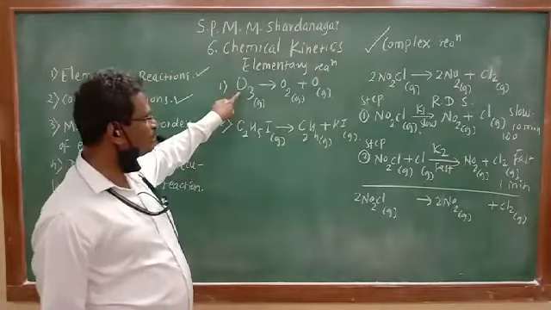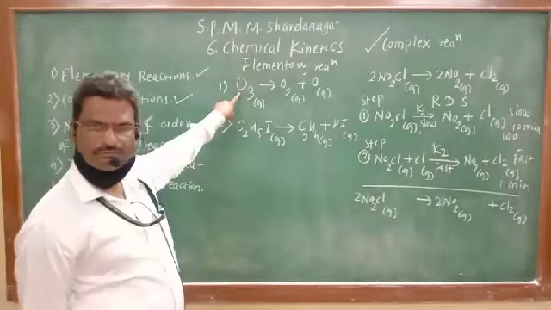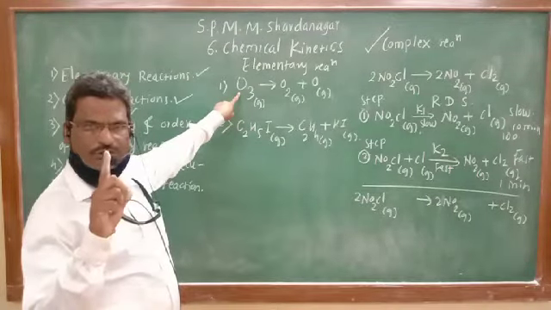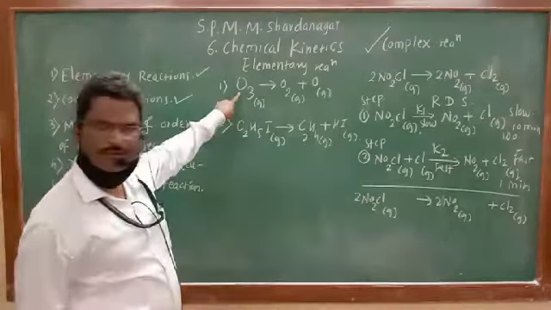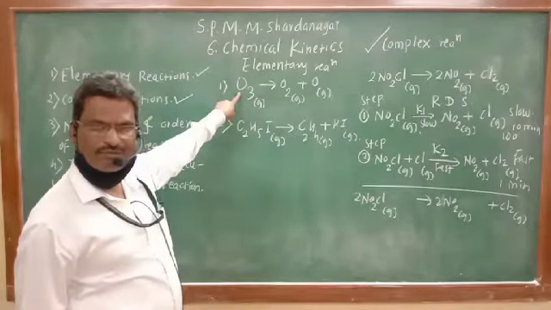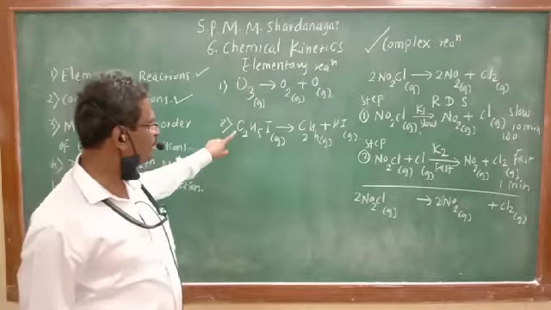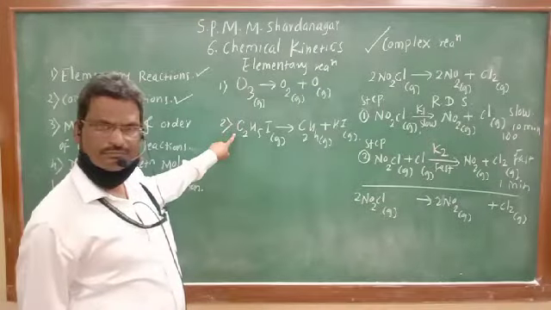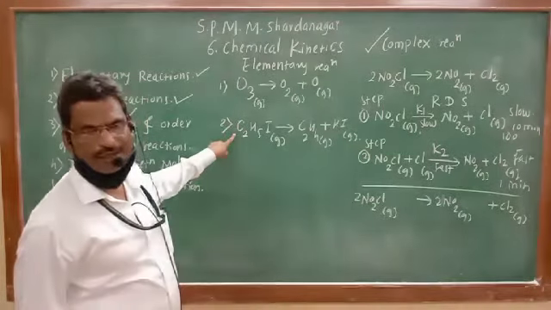So what is the molecularity of this reaction? One molecule of ozone is involved. So the molecularity of this reaction is 1. What is the molecularity of this reaction? It is also 1.